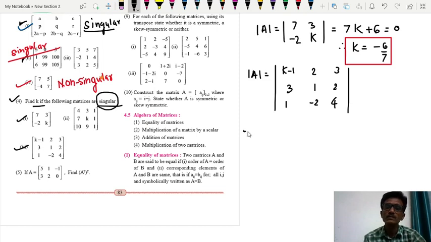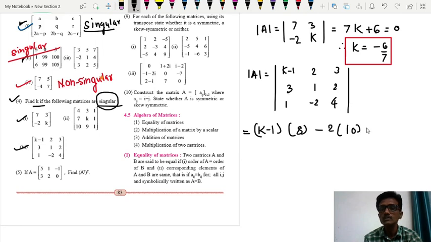So we expand this, expansion of this will be k minus 1 into determinant of this. So what will be determinant of this? 4 minus of minus plus 4, it will be 8, minus 2 times 12 minus 2, that is 10, plus 3 times minus 6 minus 1, minus 7.